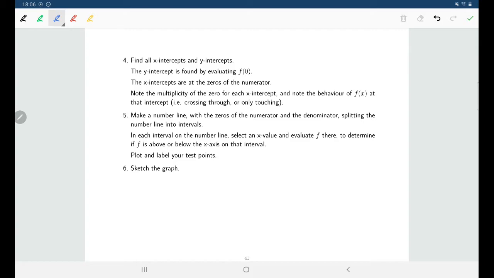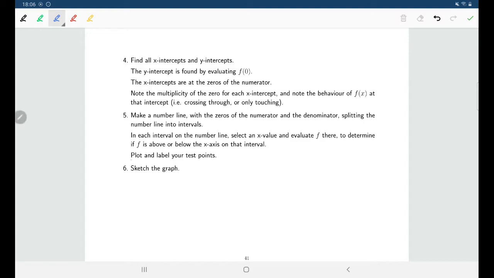Now, we might not need to do that totally systematically for these sorts of problems. And in fact, maybe we only need a single test point to be able to find out what's going on. Just beware that with the clues, the holes, the asymptotes, the intercepts, that might not be enough information to graph your function, so you might need to take a few well-chosen test points to figure out what's going on.